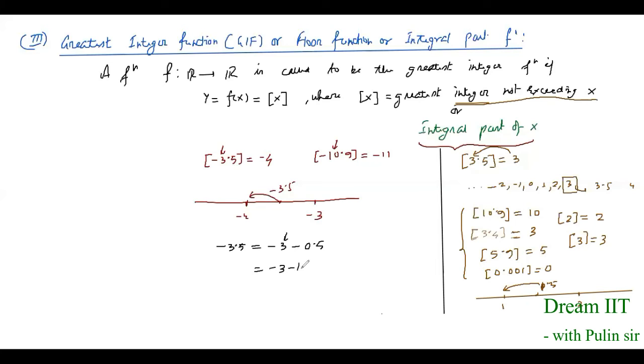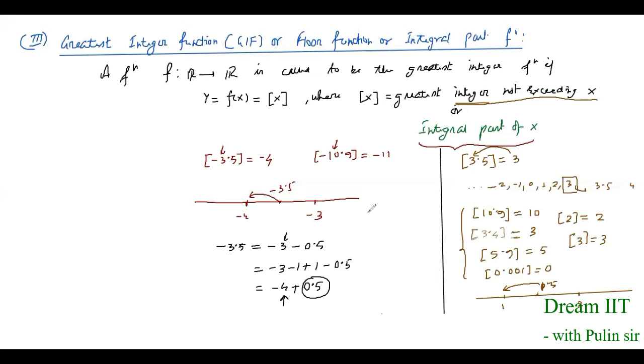This can be made positive by doing a small plus and minus thing. So this will make minus 4 and then this will be plus 0.5. And when you make this decimal part a positive number or 0, then you have the right to say this is the integral part. So for minus 3.5, it is minus 4.